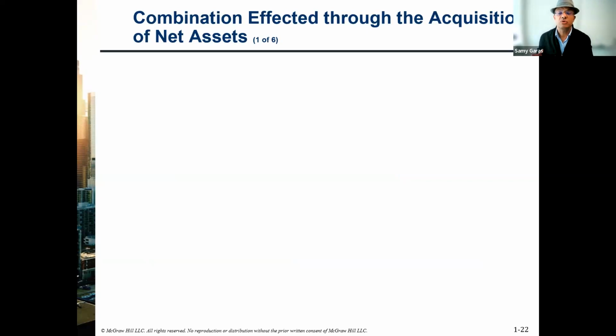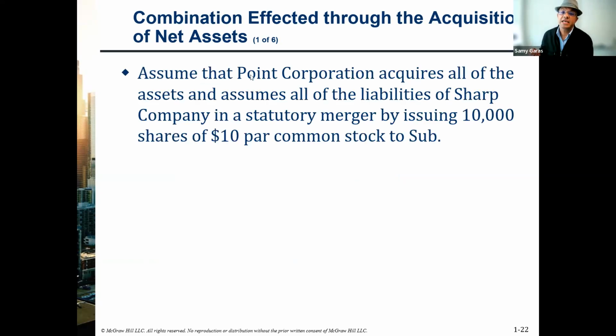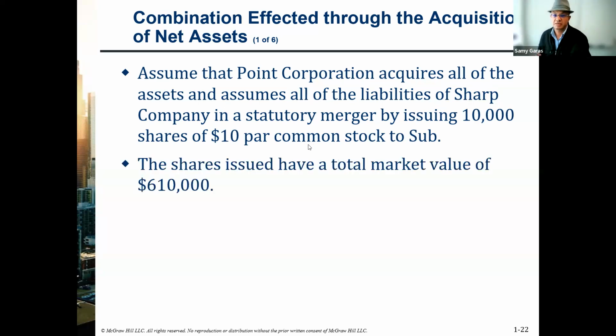Now, let us talk about a combination effected through the acquisition of net assets. What do we mean by that? I assume the parent company acquires 100% of the assets and all the liabilities of a subsidiary company called Sharp, and they issued 10,000 shares of $10 par value to the subsidiary.